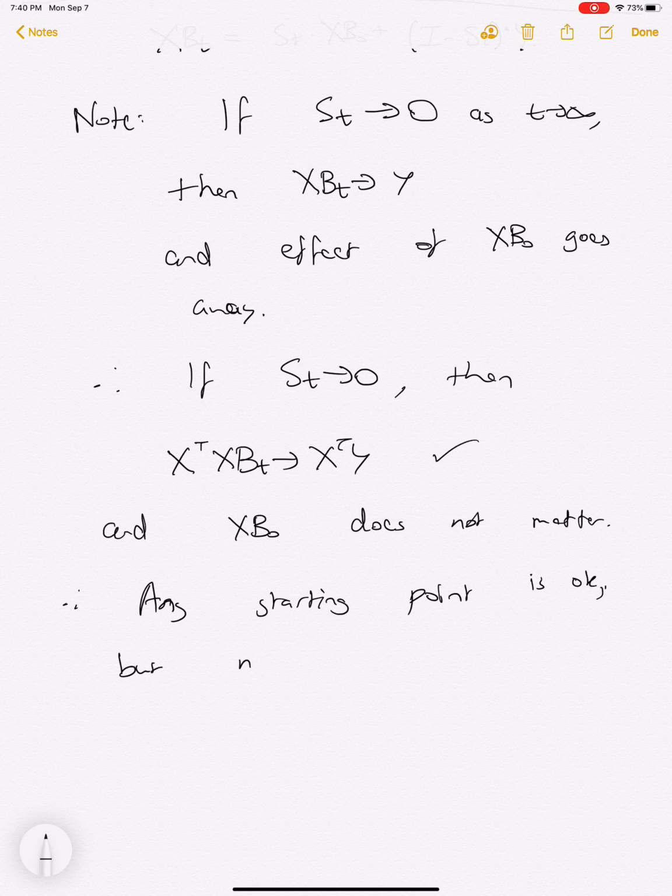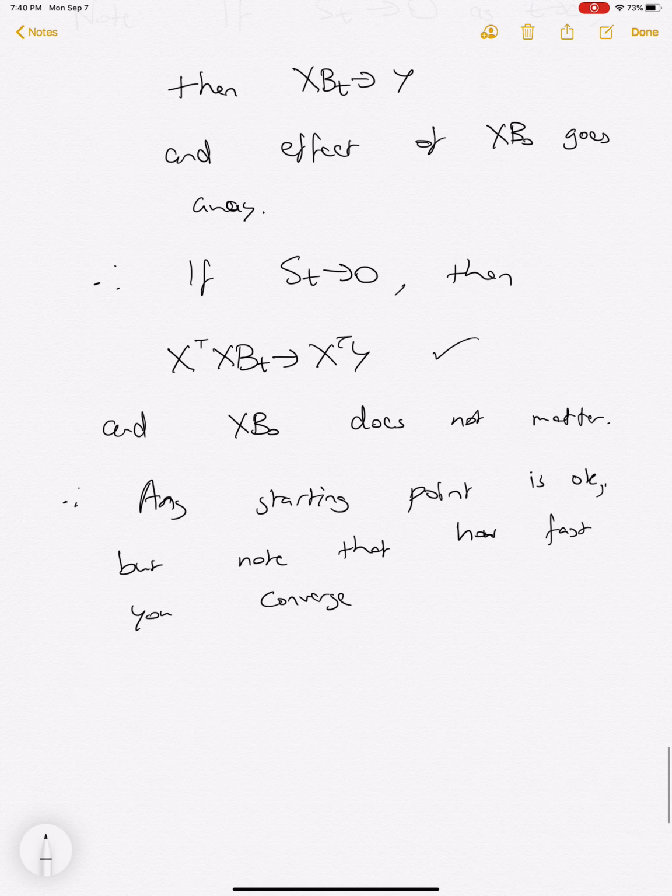But note that how fast you converge may depend on the starting point.